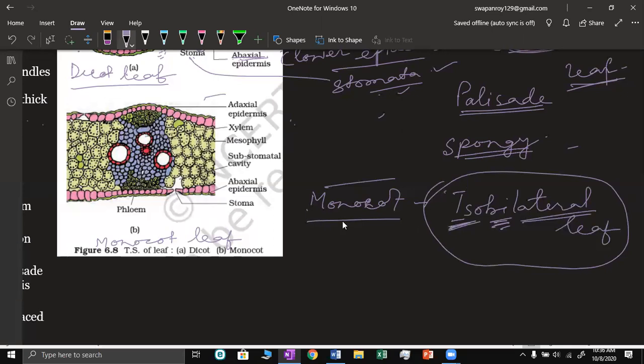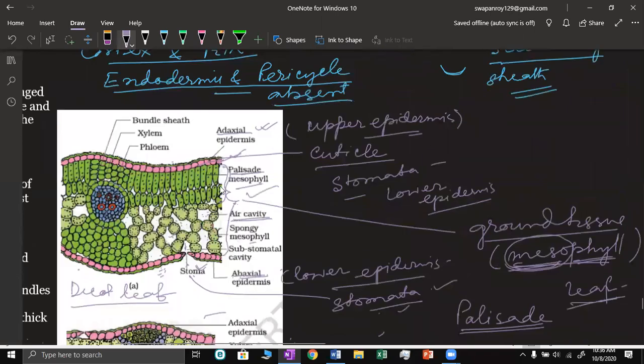And this monocot leaf, as their internal structure is similar, the internal structure of monocot is homogeneous. In dicot it is heterogeneous.